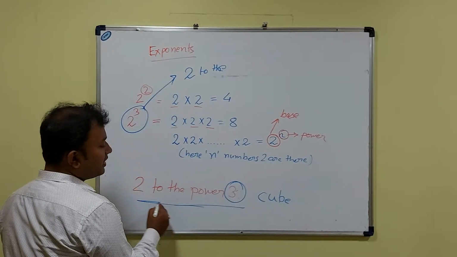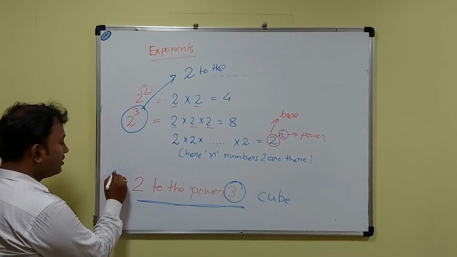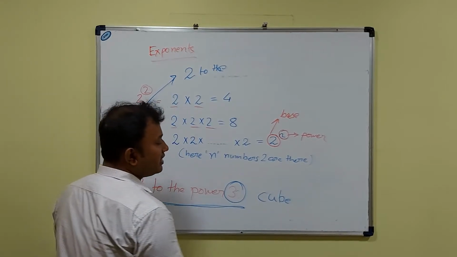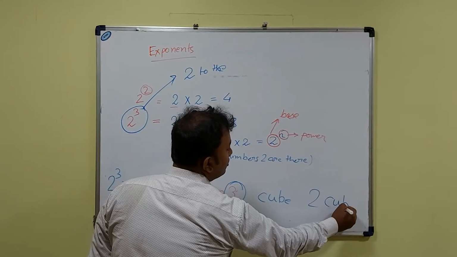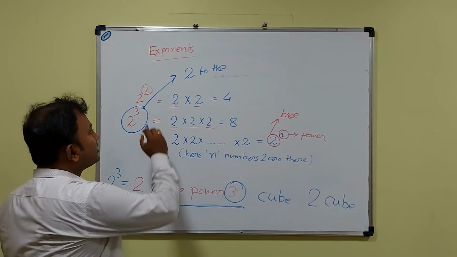That means instead of reading it as 2 to the power 3, we can read it as 2 cube.